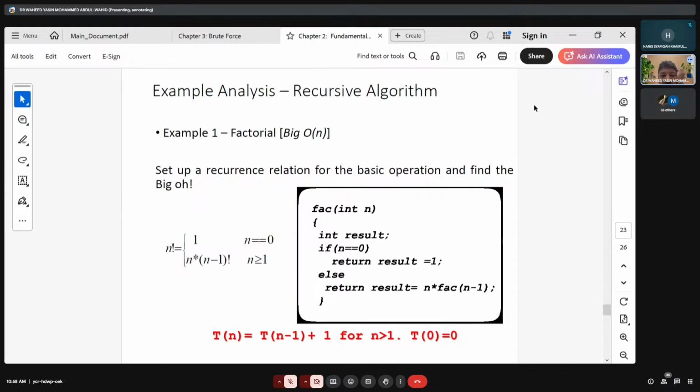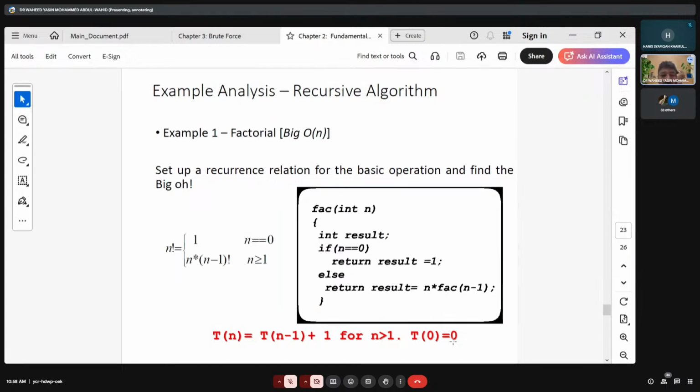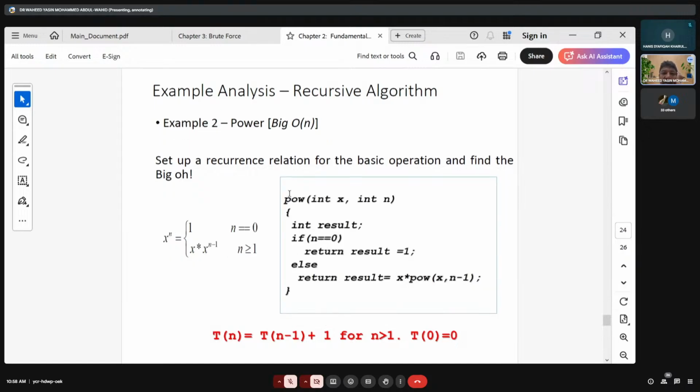Factorial: Tn equals Tn minus 1 plus 1 for n greater than 1, and 0 for n equals 0. So here we have n, example factorial, big O of n. Okay, set up the recurrence relation for the basic operation. Here we have big O of n. Another example, power: set up the recurrence relation for the basic operation and find the big O. If n equals 0, return 1, else return x power n minus 1.